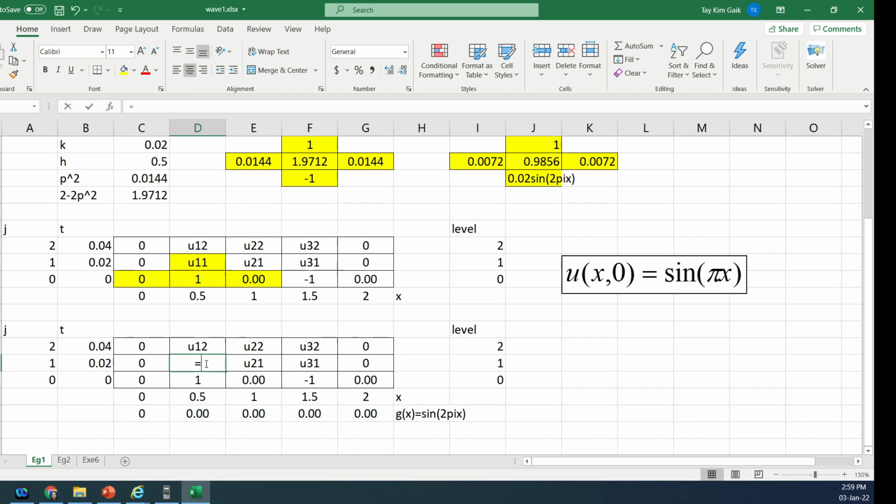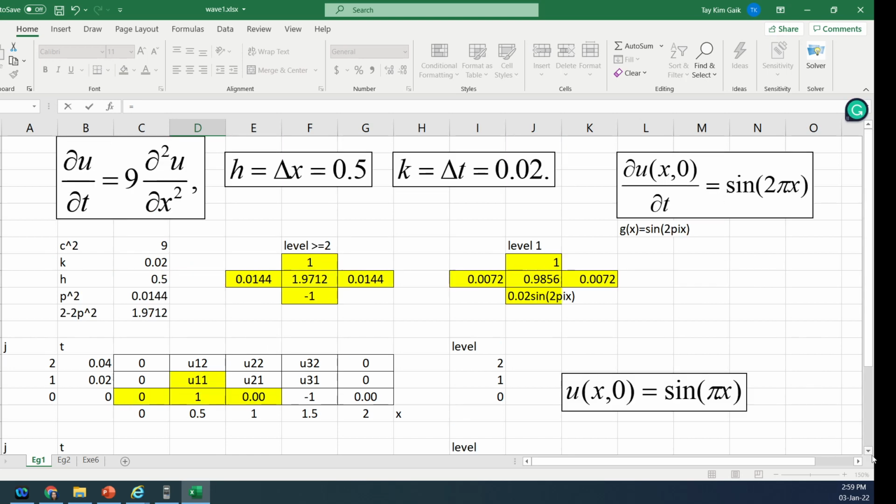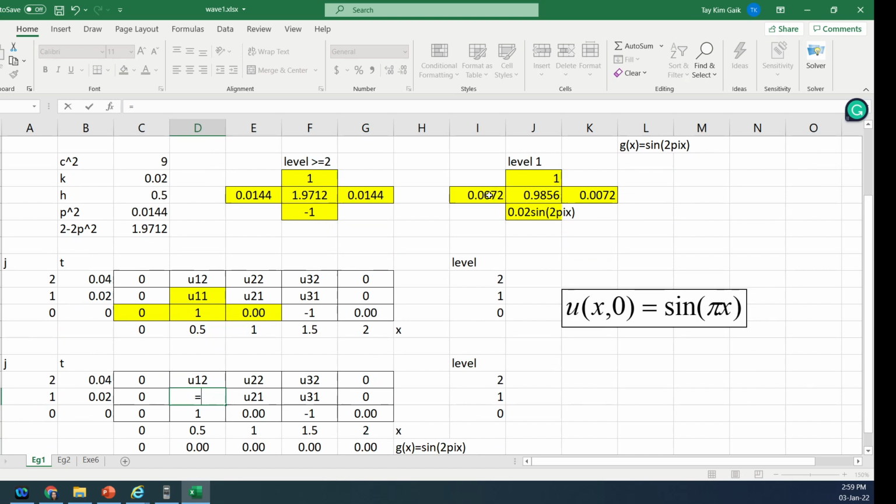And then to obtain U11, you use the molecule for level 1 here. You take the molecule from level 1, multiply, meaning you target here. So it's 0.0072 times the left bottom cell. Either you type in the value, or if you click the location of 0.0072, make sure you constant it by putting dollar in front and back.